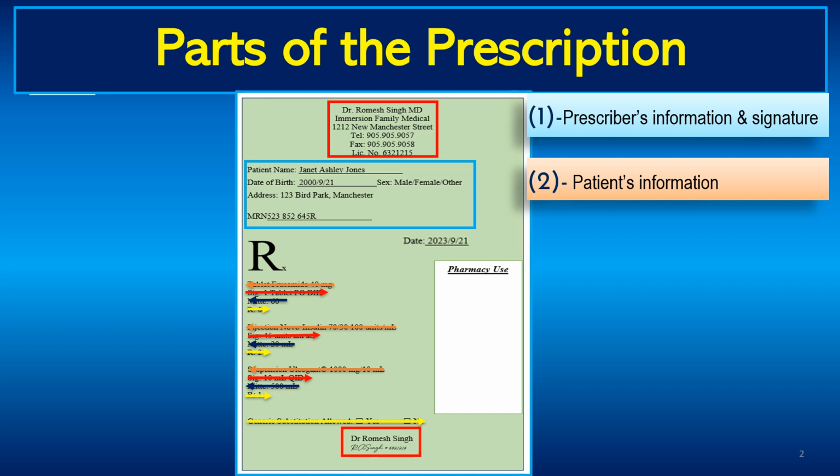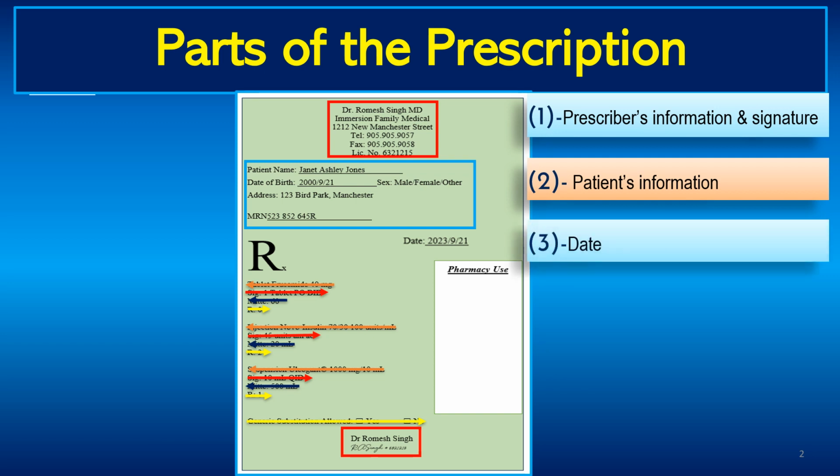You need to also have the address for the patient. And some prescriptions may also include what you call a medical record number, or a unique number that is able to identify or locate that patient's medical record.